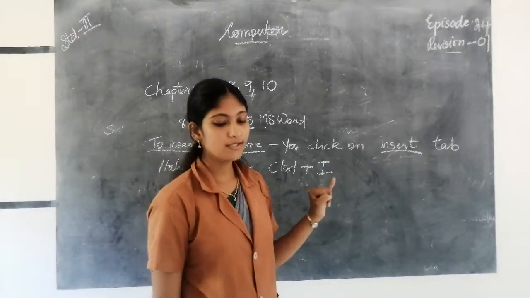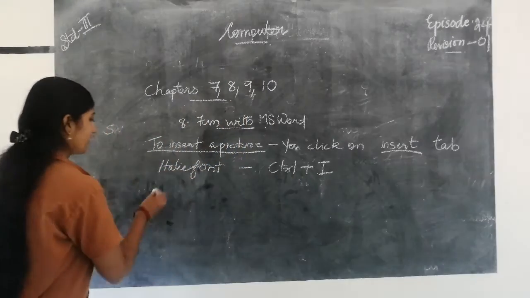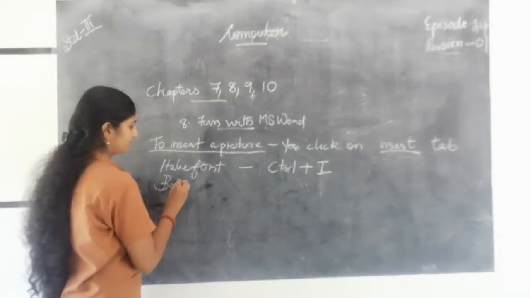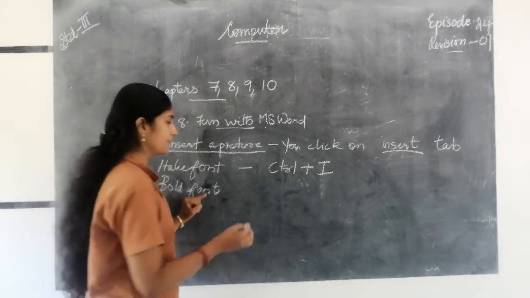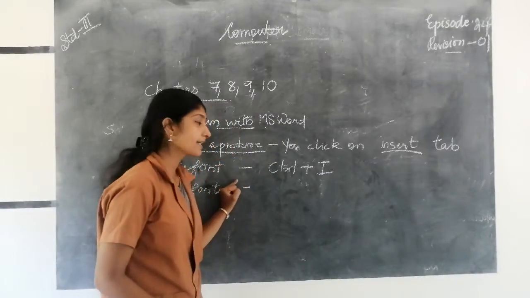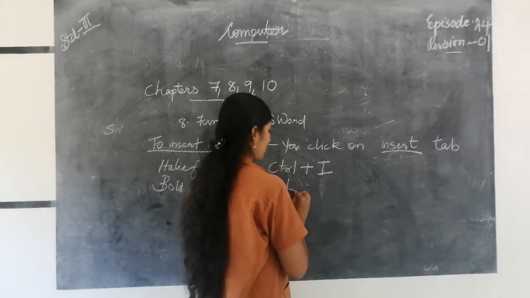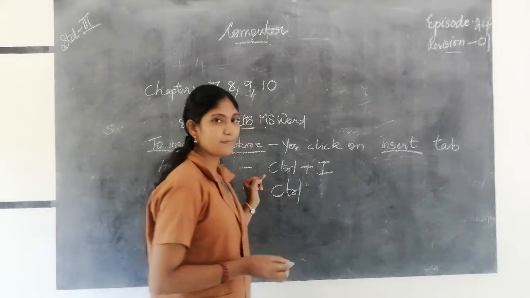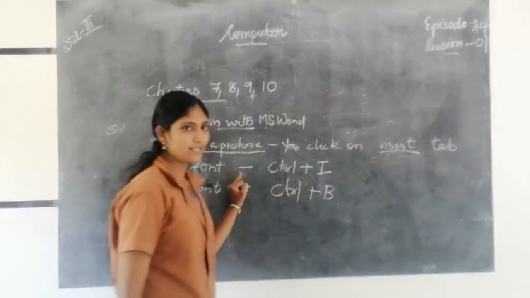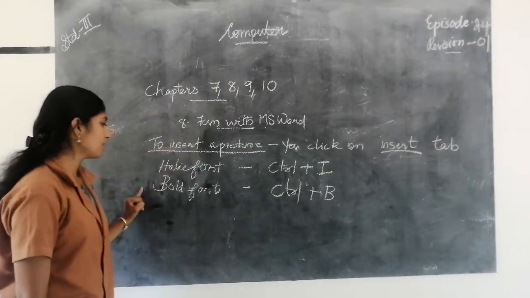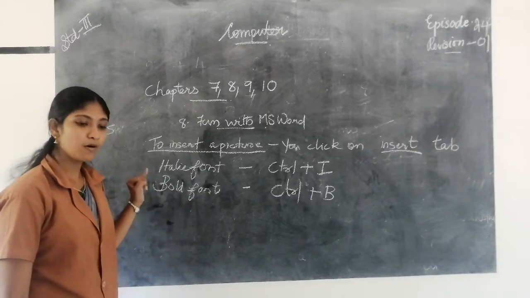Then what about bold? Bold font, which is the shortcut key? Control plus B. CTRL means Control. Control plus B is the shortcut key used for making a text bold.